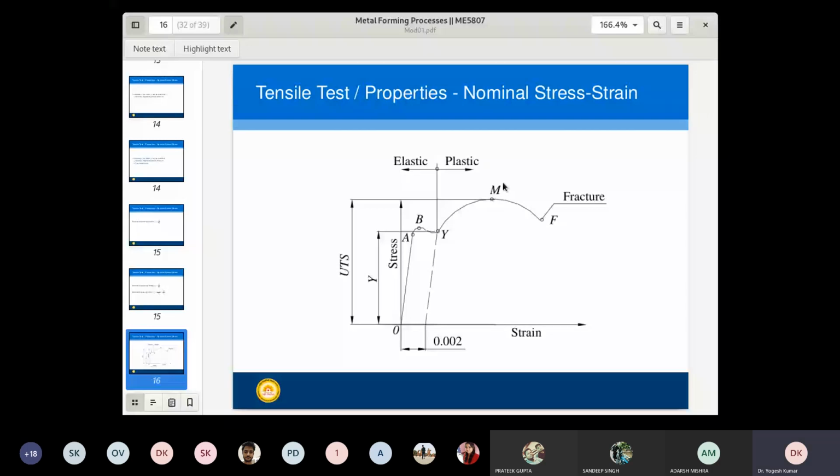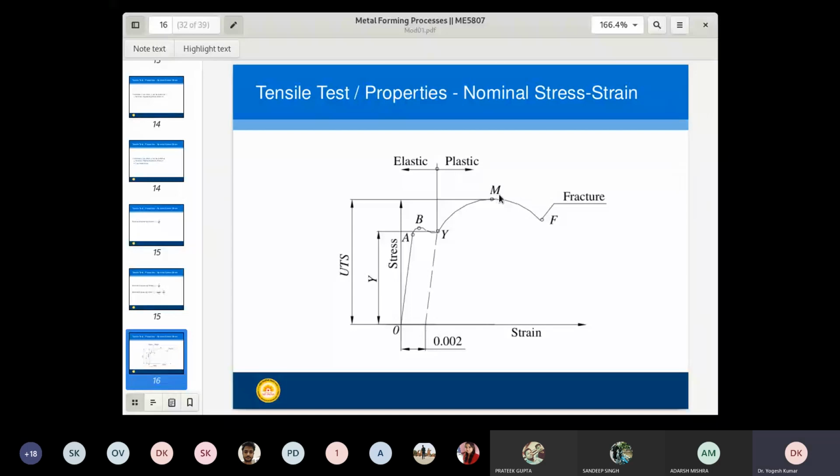If we continue loading the test specimen, there is a stress value after which the material continues deforming plastically, and the material is fractured at a certain point. This is called your F point, that is the fracture point.